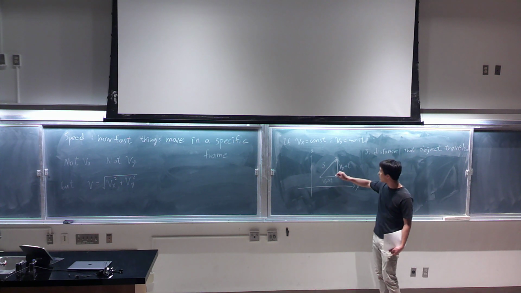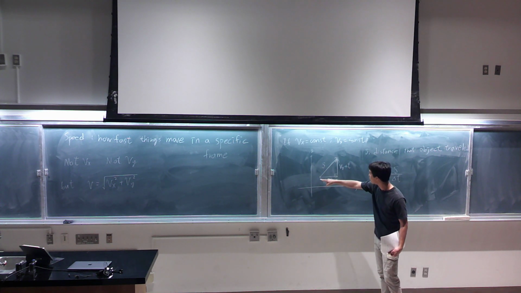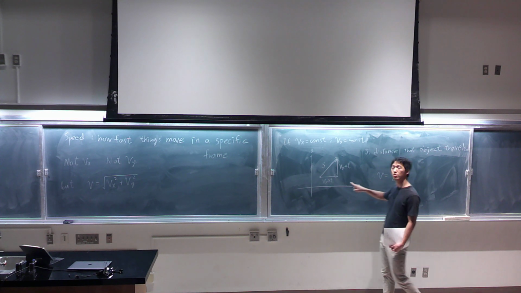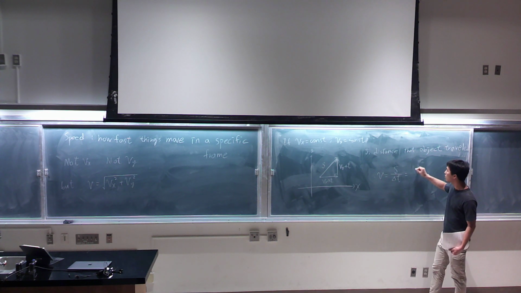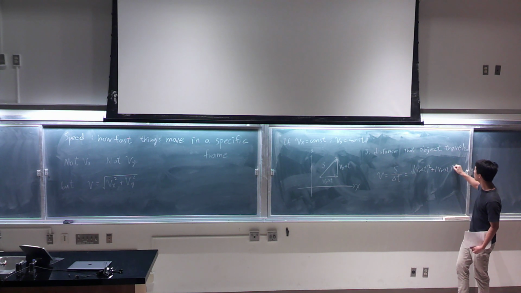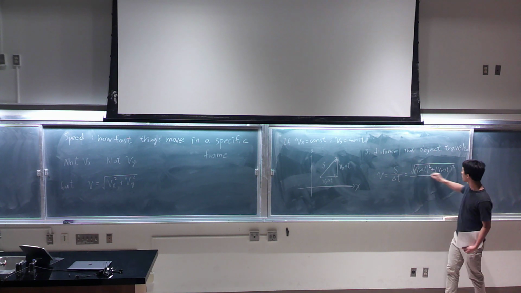Okay, so if this is x, y, this is parallel, this should be 90 degrees. So according to Pythagoras theorem, this should be the sum of the square of these two. So this will be the square root of (Vx delta t) squared plus (Vy delta t) squared, divided by delta t.